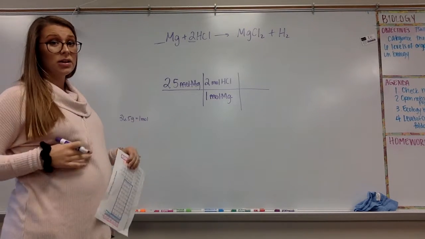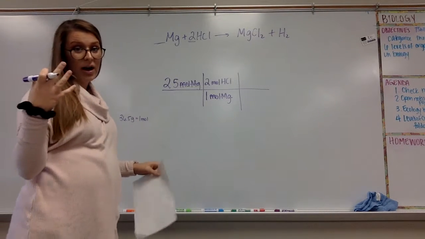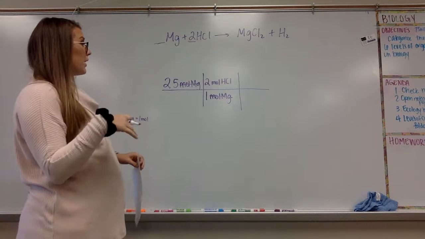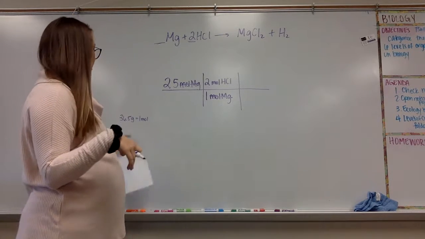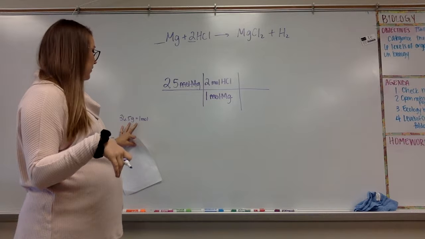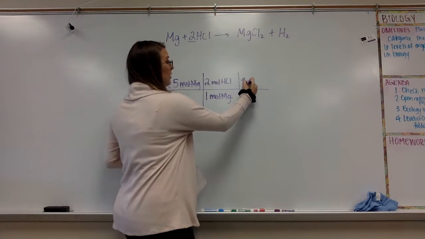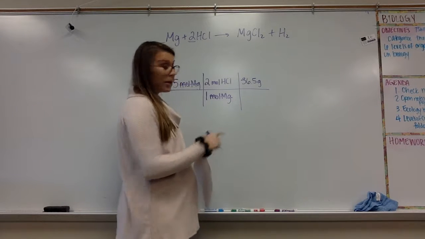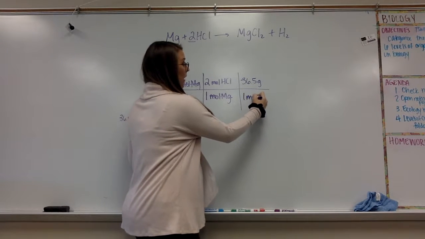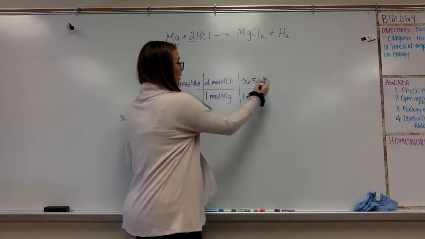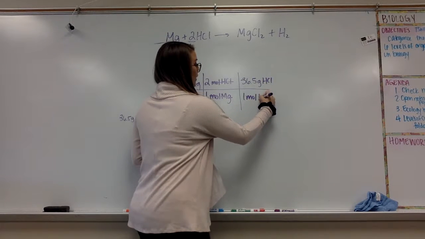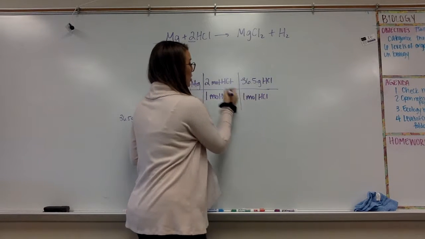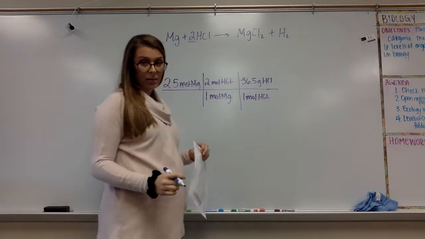So that's something to jog your brain and remember how we did that all the way back in October. Okay, so my 36.5 grams of HCl is going to go on top because I need to cancel my moles. Okay, and I'm going to label this HCl and HCl again so that we can make sure that we know what we're talking about here.